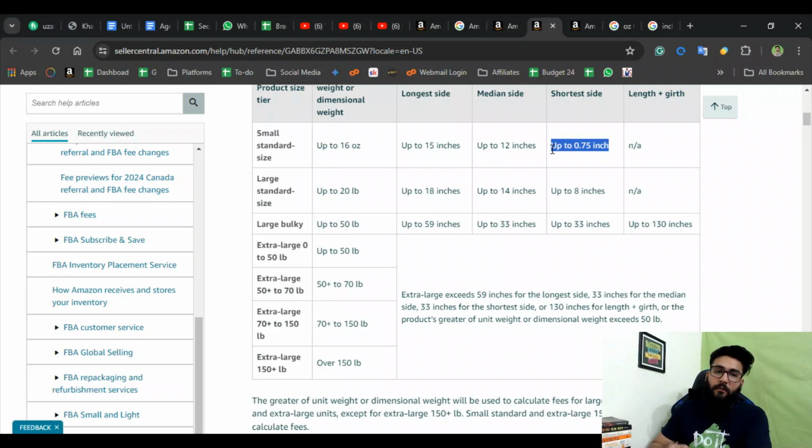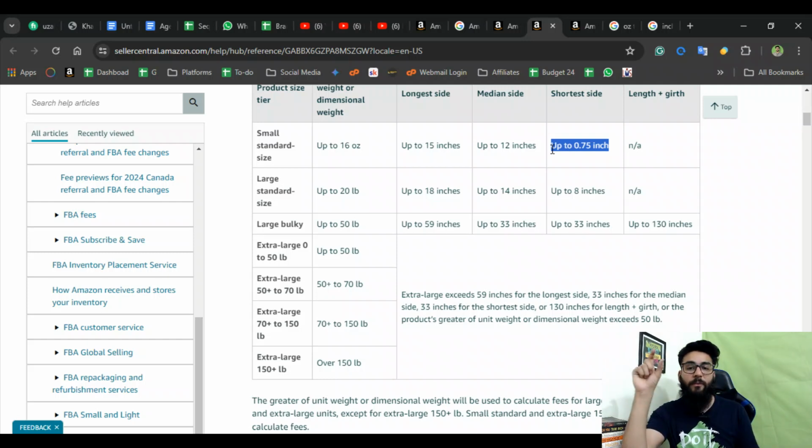But that cost was very few bucks, if you compare that with the advantage we were getting from the lesser Amazon size tier FBA fee. So we decided to go with that, and we were able to take our profit margins from 17% to 33%. I think 17 or 16% to 33%. I remember the upper figure 33%, because that made me very happy.